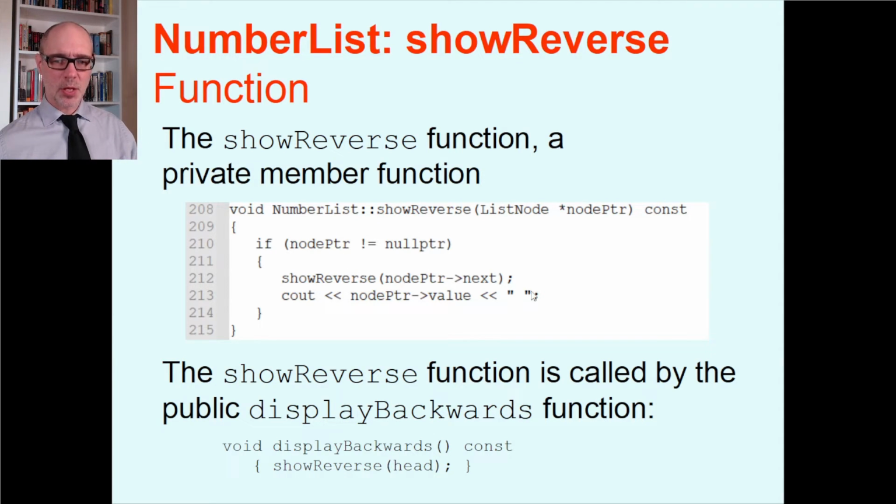Here's the recursive case. Call this function recursively, show in reverse the rest of the list from the next pointer on, right? We're in this node pointer, dig up the next pointer and just pass that into showReverse, and that takes care of the rest of the list. And once that's done, print out the value in this node.